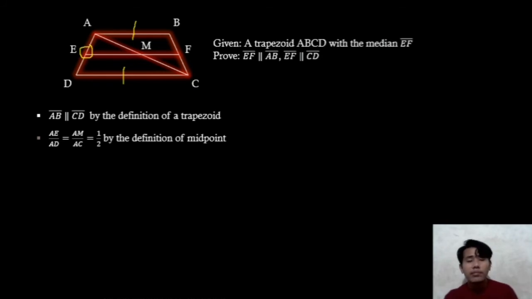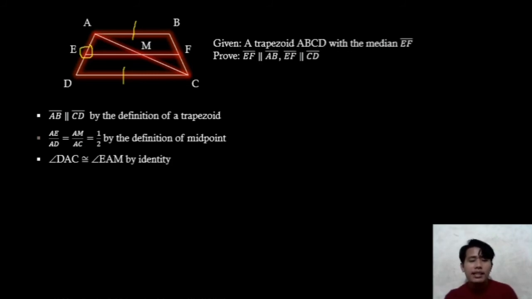Why does it become 1/2? Actually, AD is twice AE. So AE over AD is equal to AE over 2AE. Then we can simplify it so that it becomes 1/2. It is also the same with AM over AC.